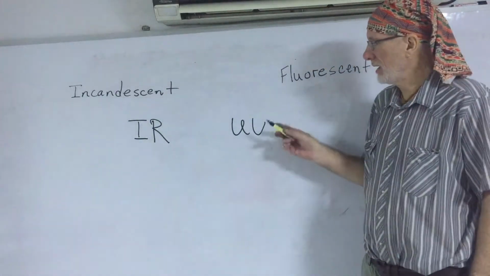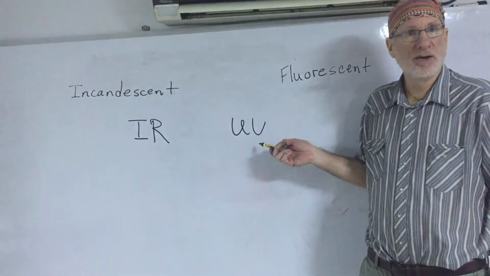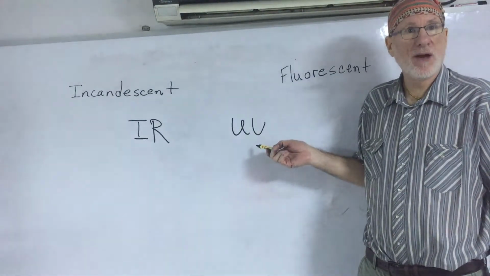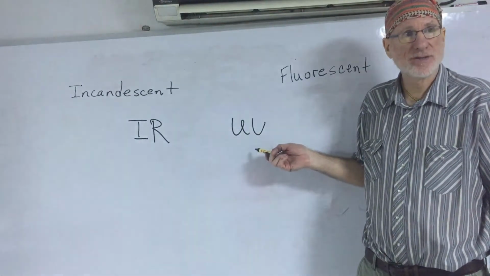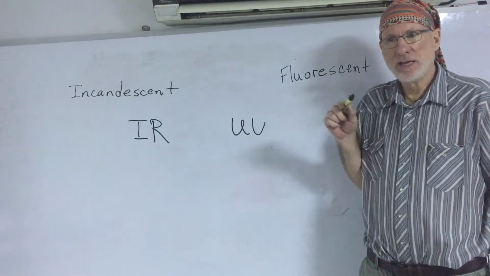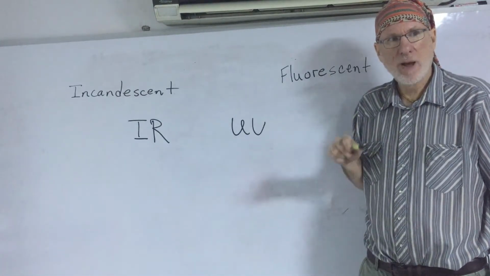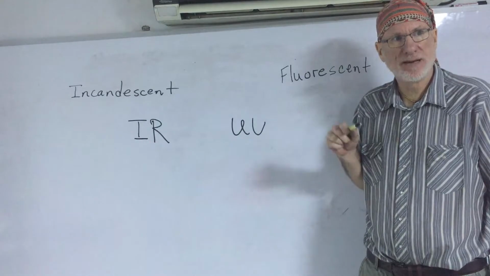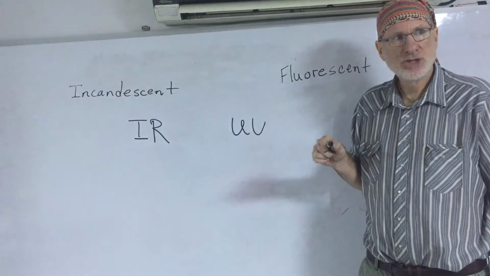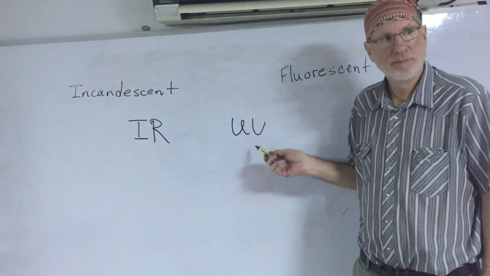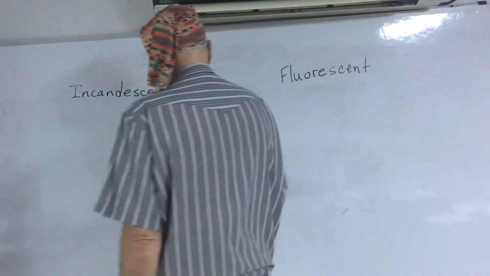Ultraviolet light is dangerous. It will cook your eyes, it will give you skin cancer. Terrible stuff. But the white powder coating on the inside of the bulb changes the ultraviolet to white light. So this is visible light.